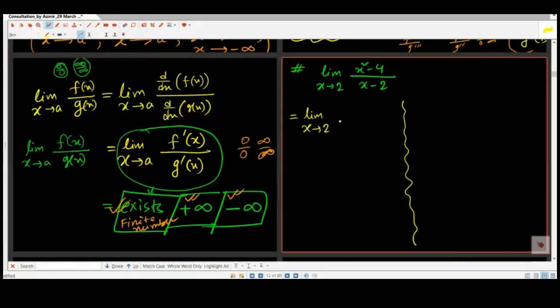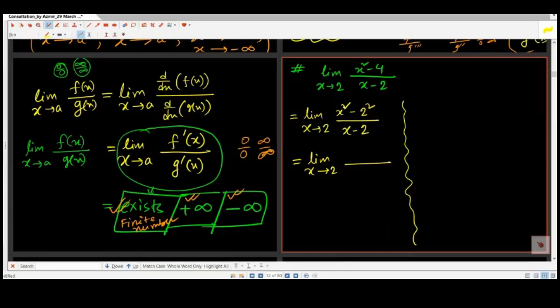The limit of x squared minus 4 over x minus 2 can be rearranged as x squared minus 2 squared, since 2 squared is 4, and in the denominator we have x minus 2, as x tends to 2.